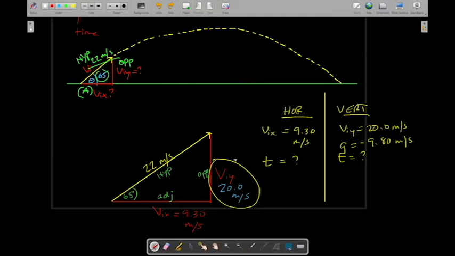In other words, the triangle that we have here is the exact same triangle that happens there. So I'm going to go ahead and draw that right now so you can see it more clearly.